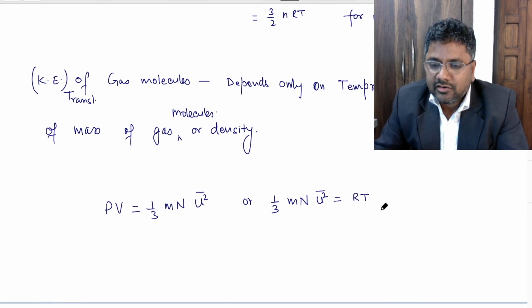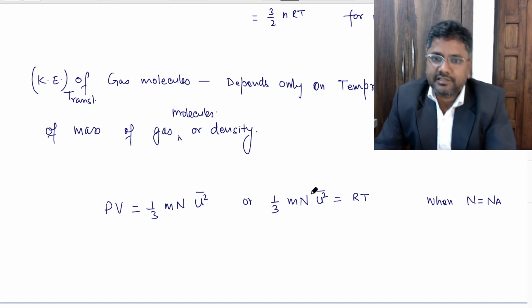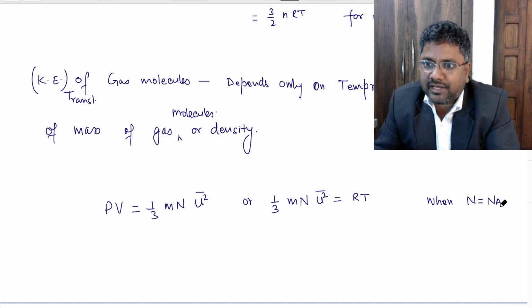Now here, suppose that N is equal to Na, I am taking Avogadro's number of molecules.